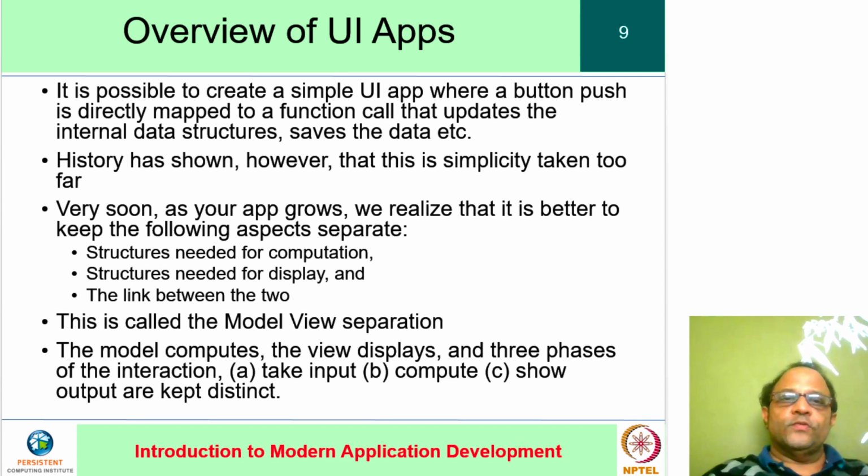Once the model knows what the user wants, the computation occurs and different parts of the model get updated. Then changes to the view are computed based on what changes occurred in the model. This three-phase way of thinking helps us clearly organize the program. To understand this, we will start off with an even simpler version of the application we already have and see how the model view structuring works.